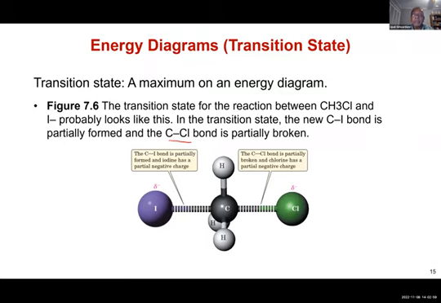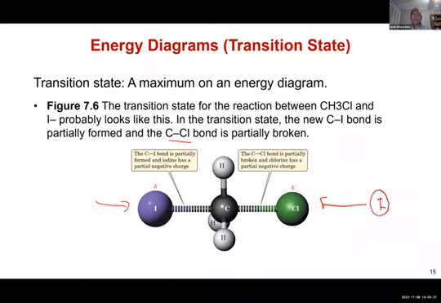Now, this also helps this activated complex to have the proper orientation. If the iodine atom hits from this side, the reaction is not going to take place. You have to hit the carbon from this side to kick out chloride.